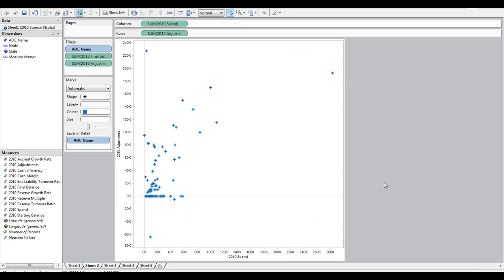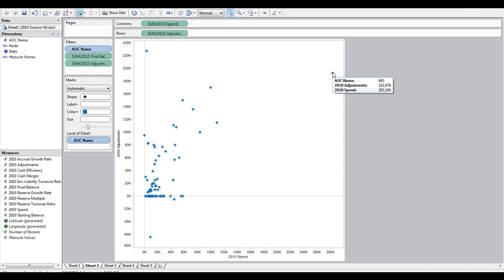The next example is using a scattergram or scatter chart. We have 2010 spend on the x-axis and the 2010 accrual adjustments on the y-axis. Using the scattergram, it's very easy to spot sites that are in the upper quadrant of both spend and adjustments.